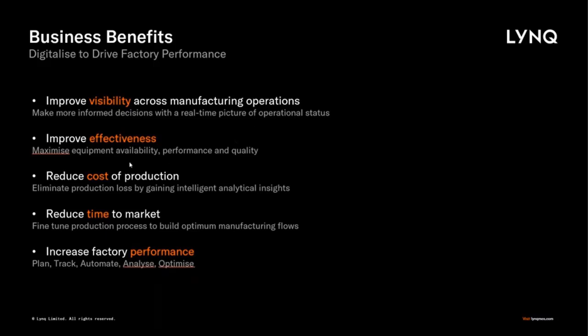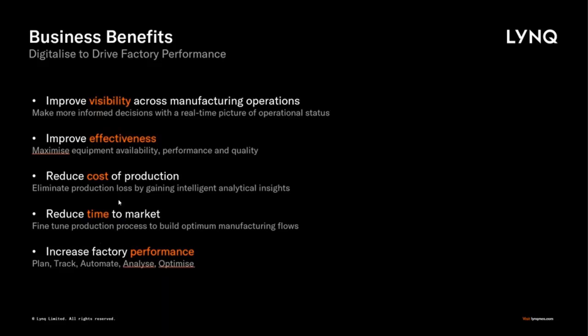Improve effectiveness, because if everything works as it should and issues are prevented, you are maximizing equipment availability, performance, and quality. By doing that, you're reducing your cost of production, because you eliminate loss, right? You can see the loss immediately, you can gain the intelligent analytical insights that we provide, and you optimize your production to eliminate this loss. You are reducing time to market.